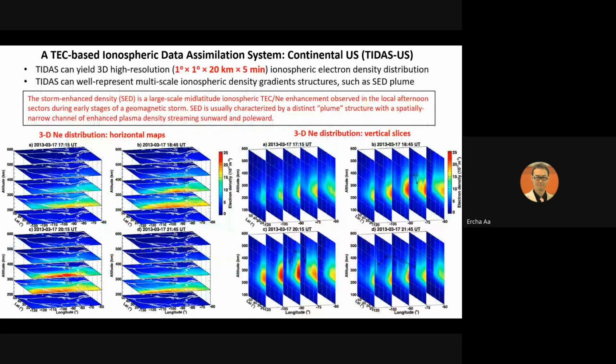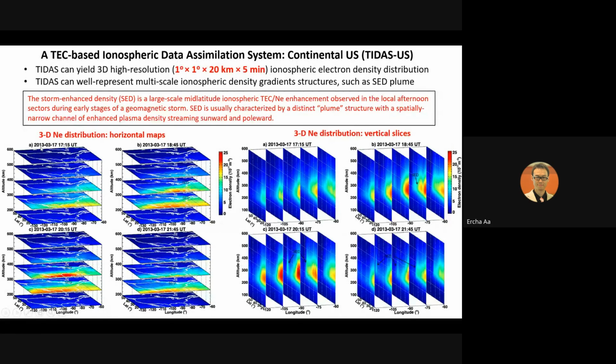So here are the data simulation results. TIDAS can provide a three-dimensional, high-resolution ionospheric electron density distribution, which is 1 degree by 1 degree in latitude and longitude, 20 kilometers in altitude, and 5 minutes in time cadence. And here we provide some examples.